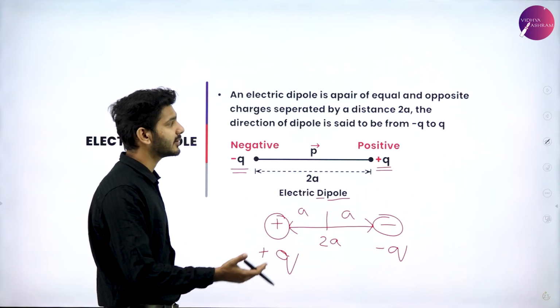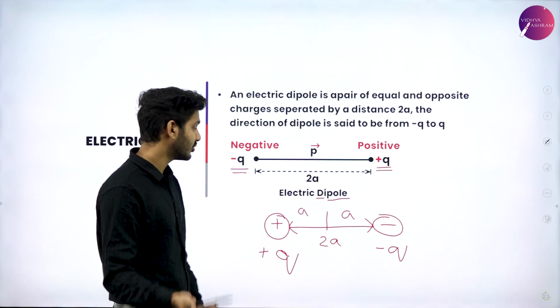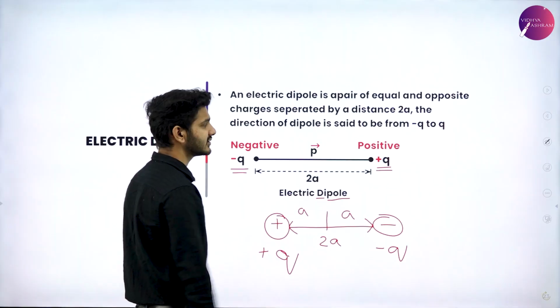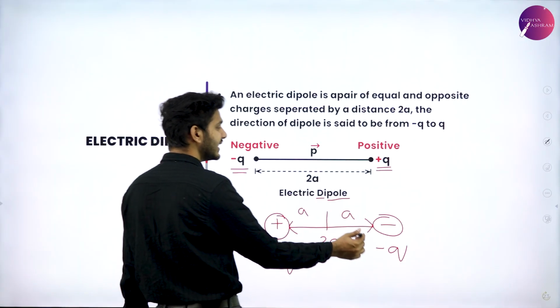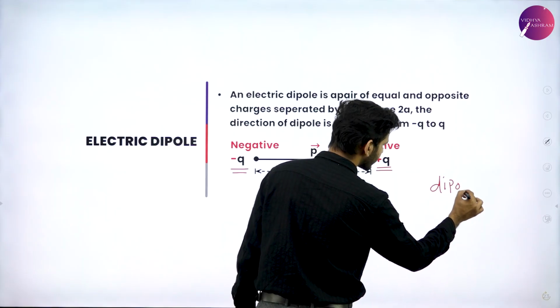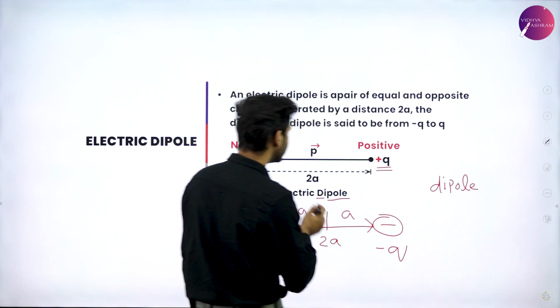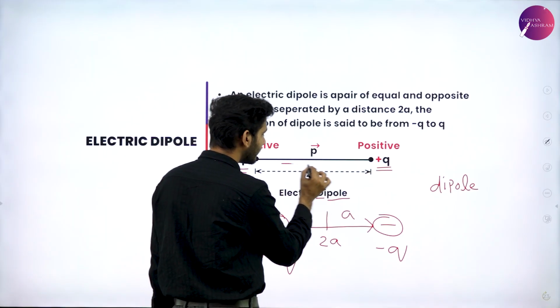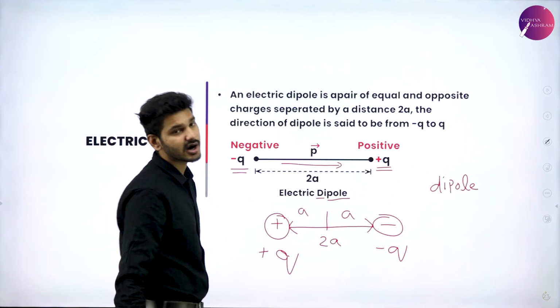The direction of the dipole is minus q to q, which just means that, because dipole is a vector quantity, the direction of the dipole will be from minus to positive. So this will be the direction of the dipole.